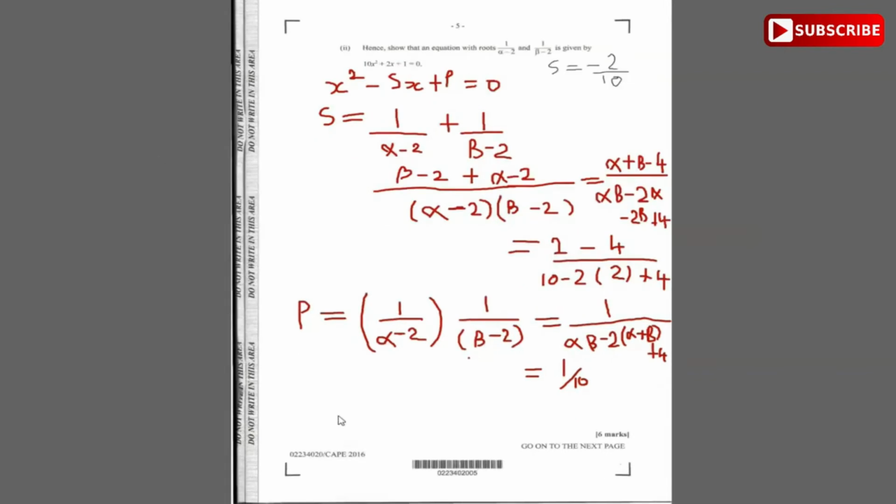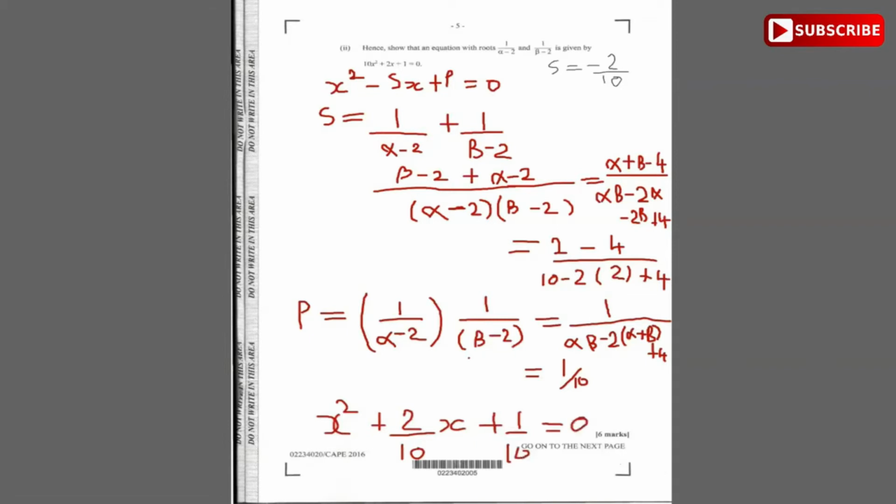The new quadratic equation is going to be x squared minus the sum, and minus the sum becomes plus 2 over 10 times x, plus the product, which is plus 1 over 10, and that's equal to 0. So all I have to do now is multiply through by 10.